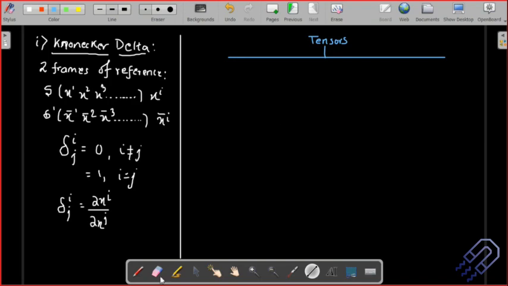We're going to look into the application part and everything else later. So 1, 2, 3, and maybe 4. The first kind of tensor is called a contravariant tensor.